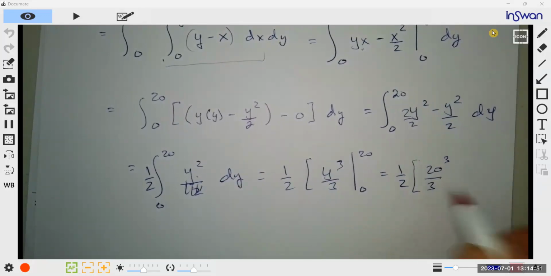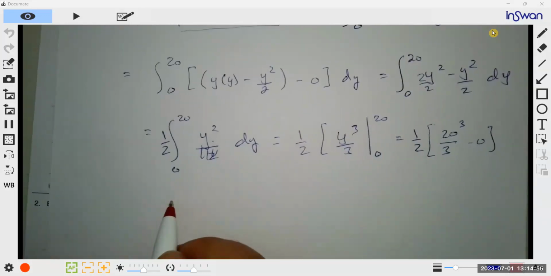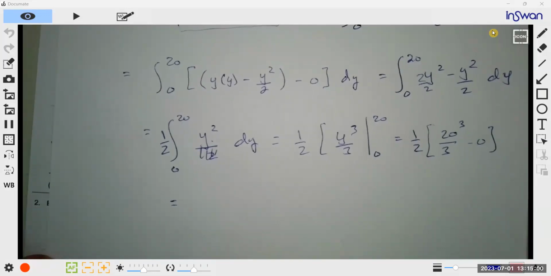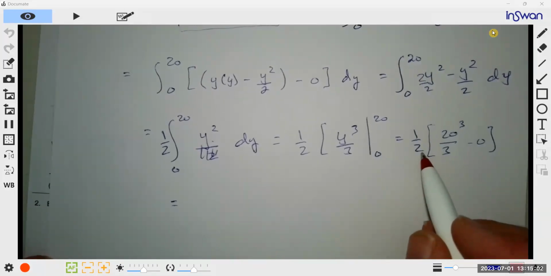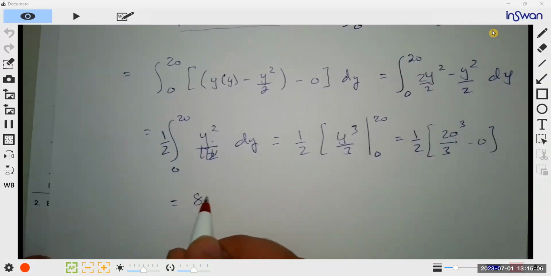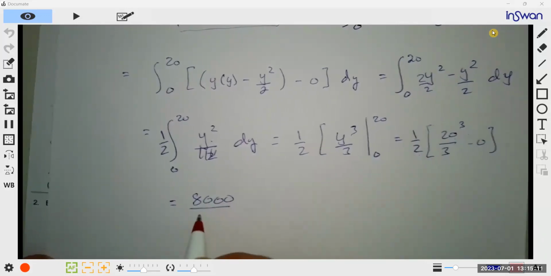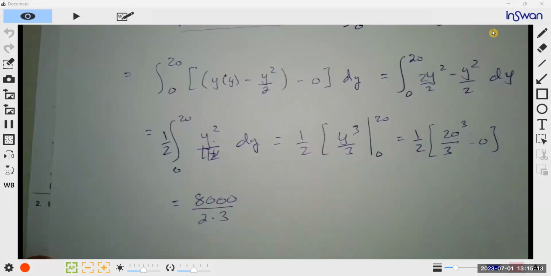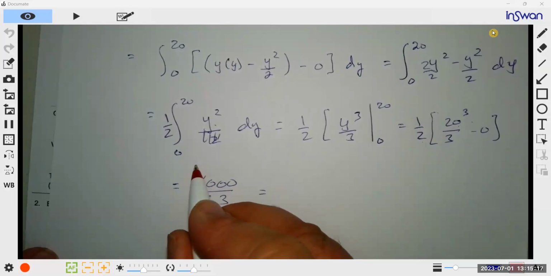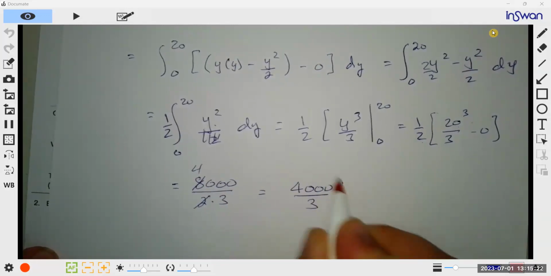So it's one half times 20 to the power 3 over 3 minus 0. 20 cubed is 8 with 3 zeros, 2 times 3, and that's as far as we can go.